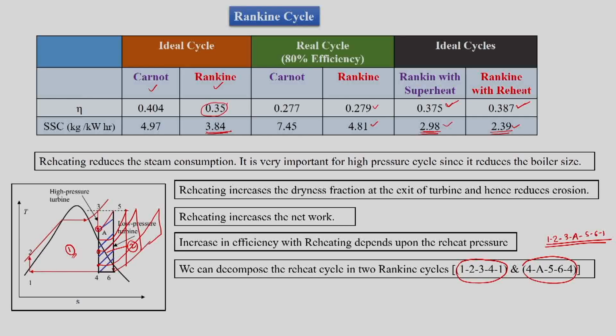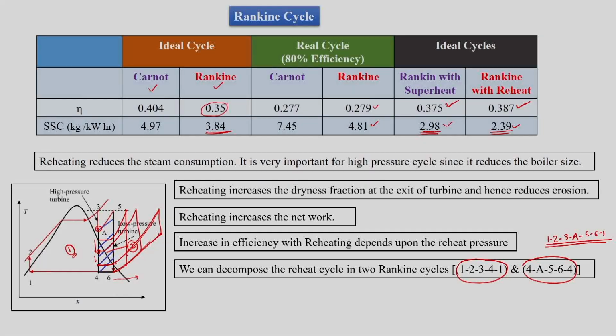Here the problem is, as we take the reheat pressure lower and lower, we have to first add latent heat and then add sensible heat, but in this phase we go too much to the right, and then we will have to start heat rejection at a very large temperature, and then cycle 2 would have lower efficiency.